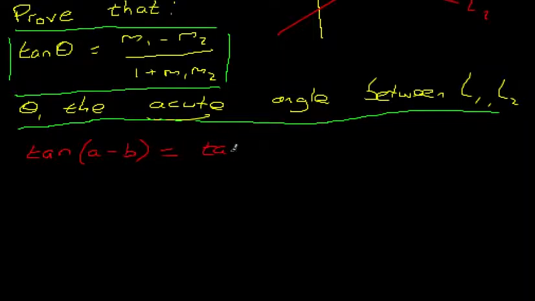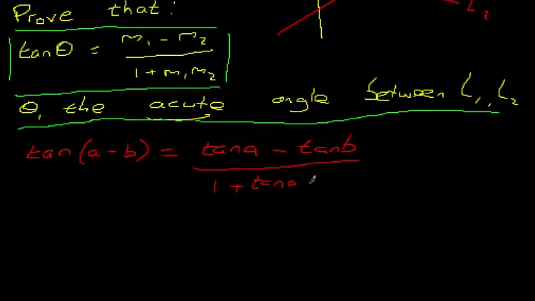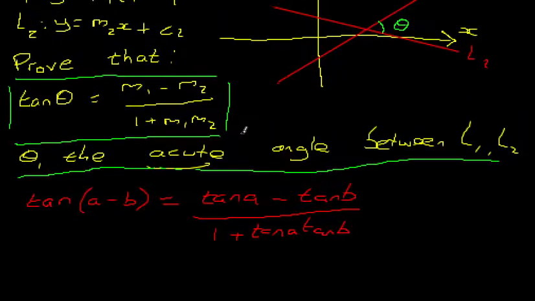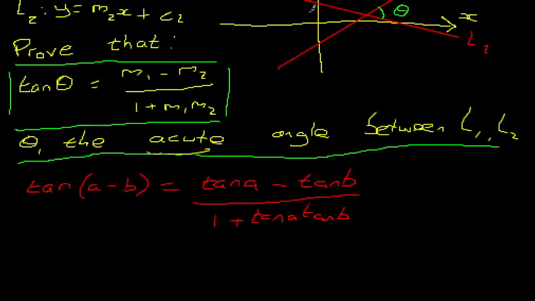You should know this, but just for a reminder, this is tan A minus tan B over 1 plus tan A tan B. And this right hand side looks remarkably similar, right? Where m1 is tan A and m2 is tan B. And so that already gives you massive clues to this question. But let's have a more detailed look.